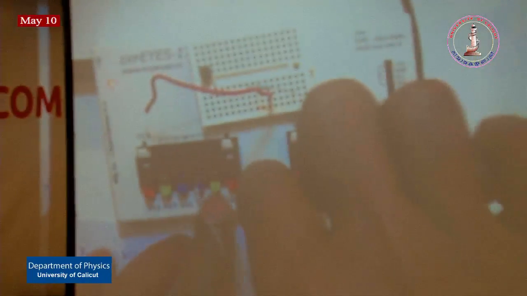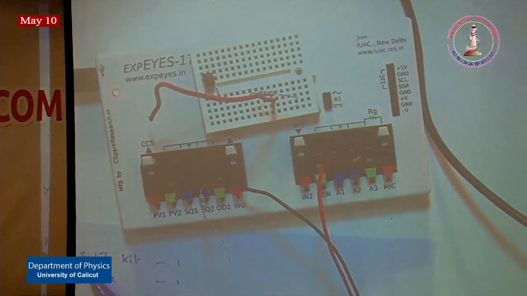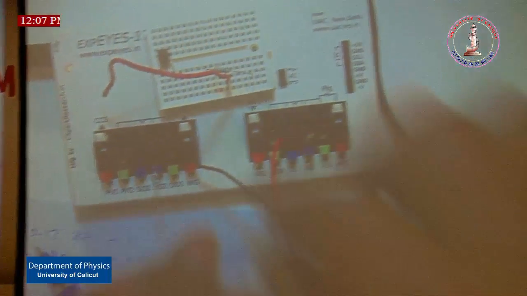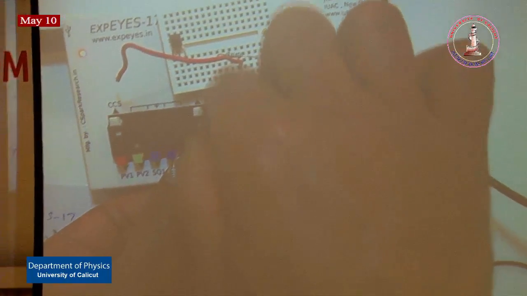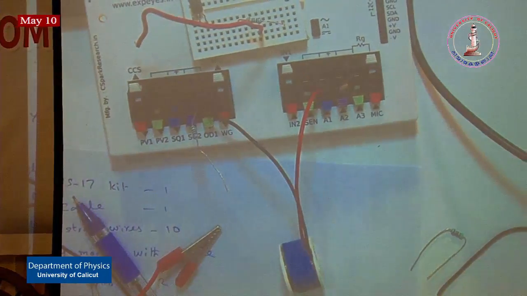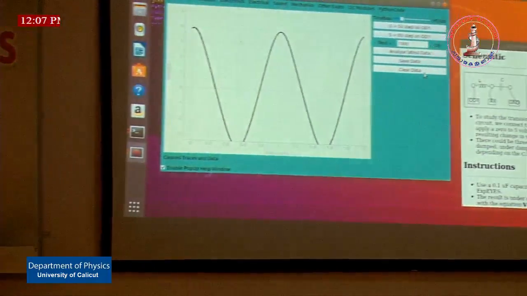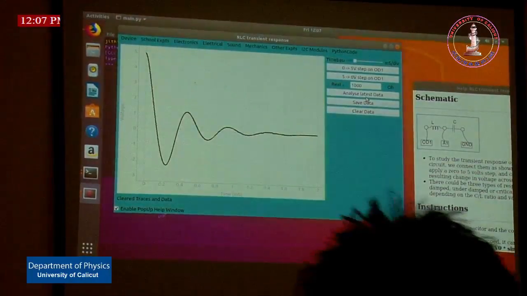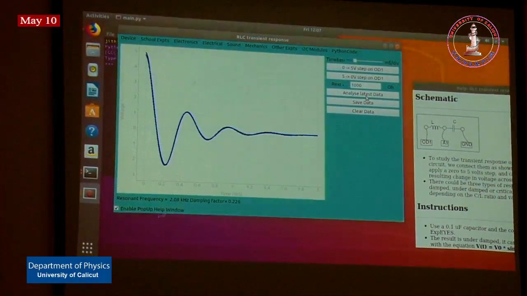Okay. So now let's go back to this. Is there any other way to increase damping? Oh, sorry, it's in the wrong place. What will happen if you increase the capacitance? See, this capacitance is very small, 0.04 microfarad or something. If I put a 1 microfarad, what will happen?